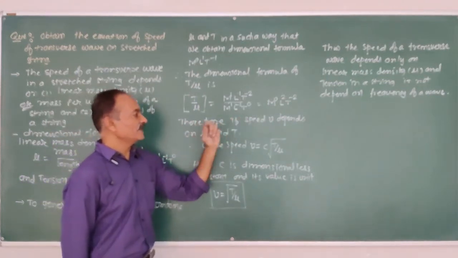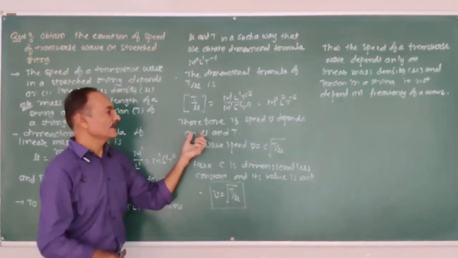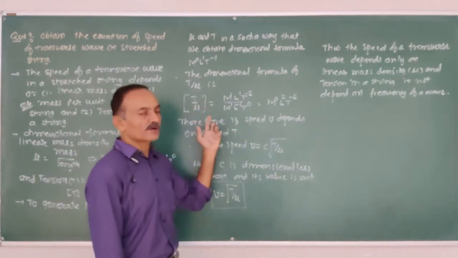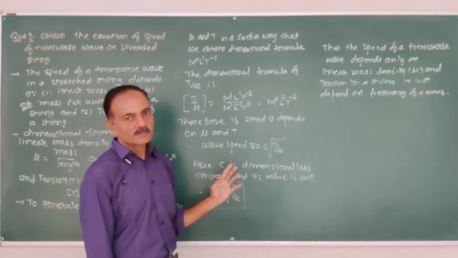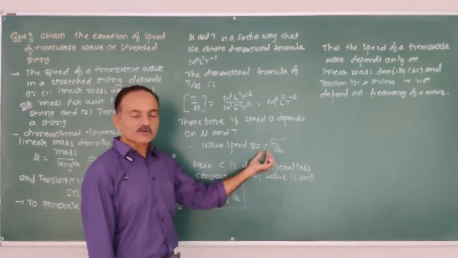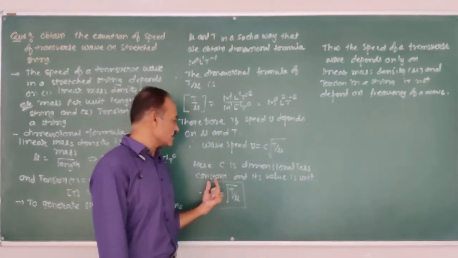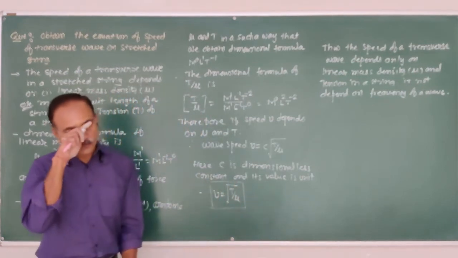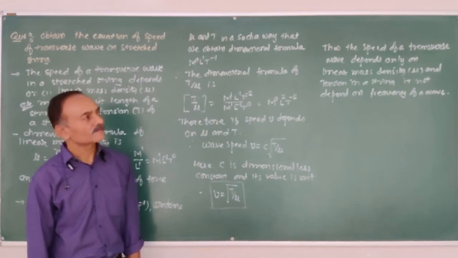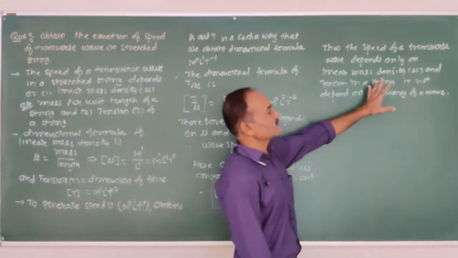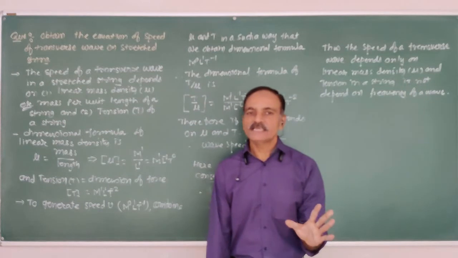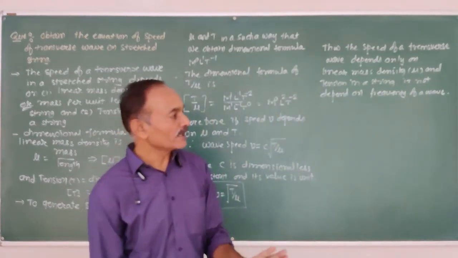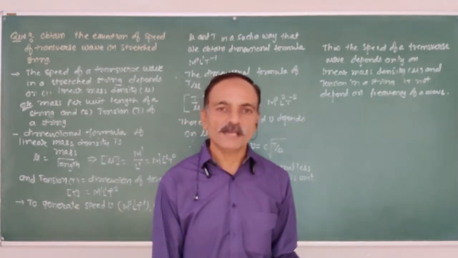Therefore, if the speed v depends on mu and T, the equation of the wave speed is v equal to the square root of T upon mu. Here we introduce a dimensionless constant whose value is unity. Thus, the speed of a transverse wave depends only on the linear mass density mu and the tension of a string. It does not depend on the frequency of a wave.